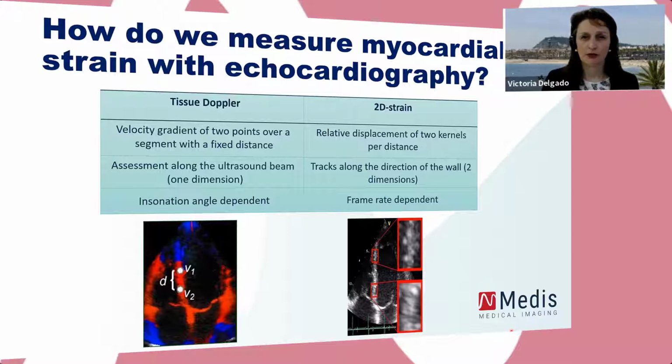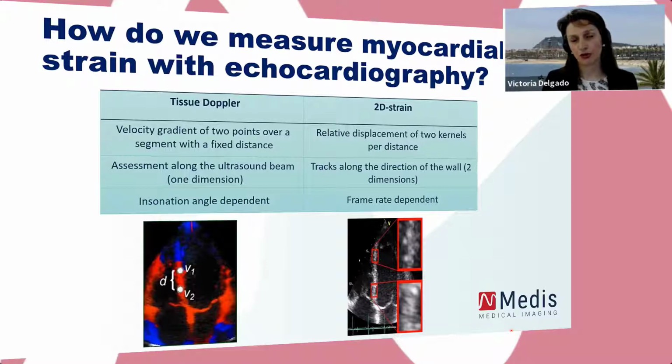With tissue Doppler, we measure the velocities between 2 points, the velocity gradient, over a segment with a fixed distance. Therefore, we assess the deformation of that segment along the ultrasound beam, which means that if we are assessing the apical four-chamber view, we can only assess longitudinal strain, the shortening along the ultrasound beam.